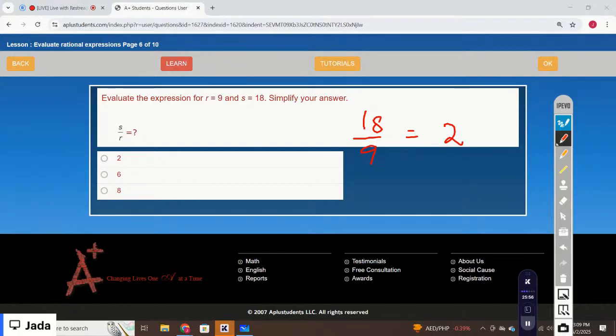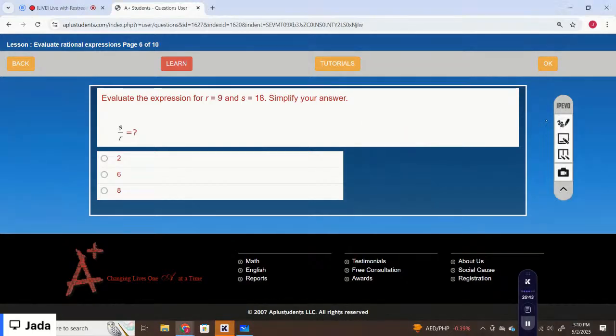So that is 18 over 9. The correct option is 2.